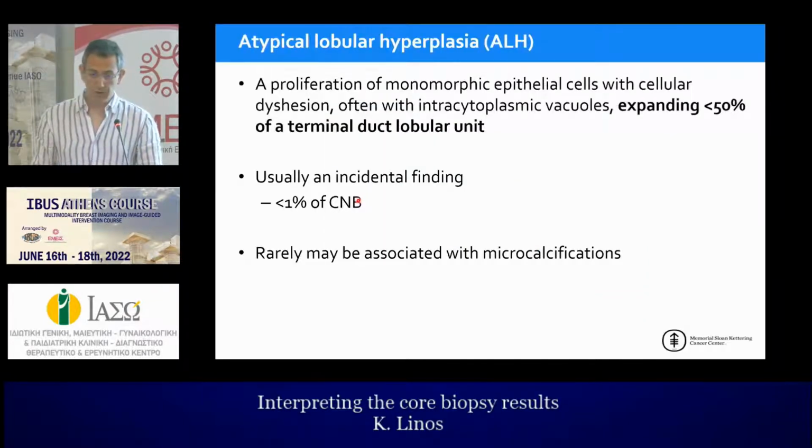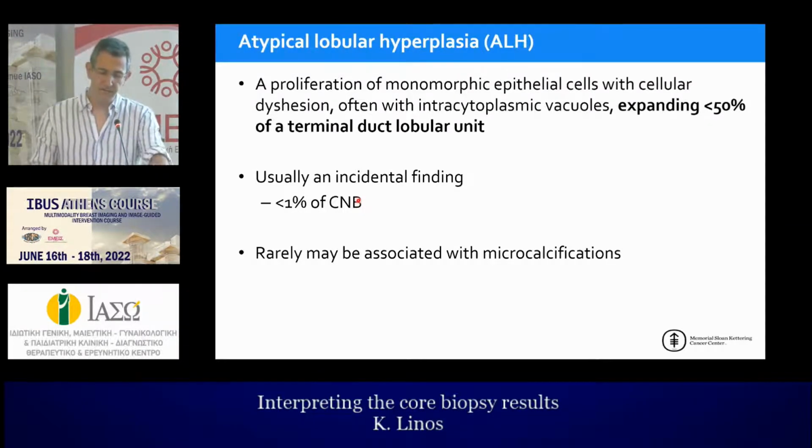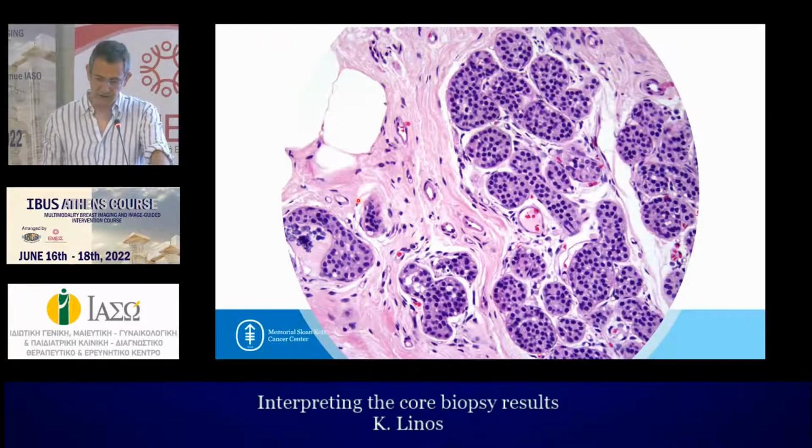Moving on to atypical lobular hyperplasia, which is a proliferation of monomorphic epithelial cells. We have cellular discohesion, as we show in a couple of pictures, and they have to expand less than 50% of the terminal duct lobular unit. If it's more than 50%, we're talking about LCIS. It is usually an incidental finding, and you see that in less than 1% of patients with core needle biopsy, and it can rarely be associated with microcalcifications.